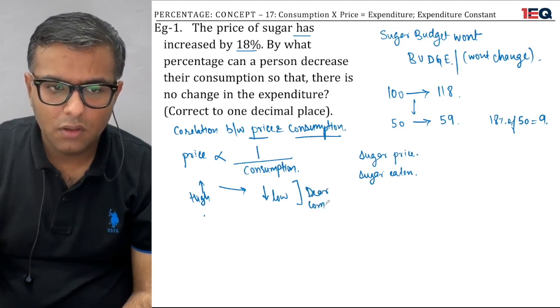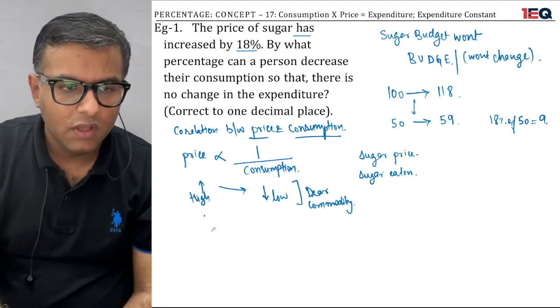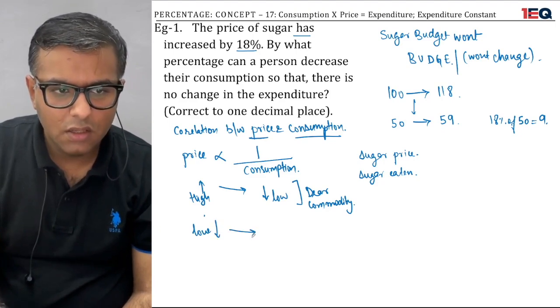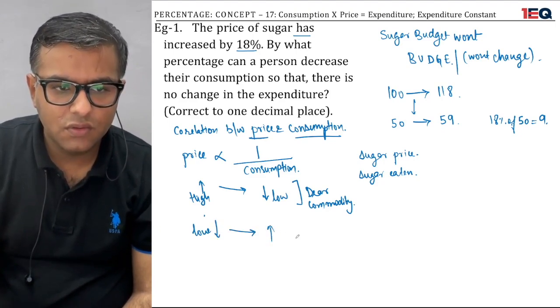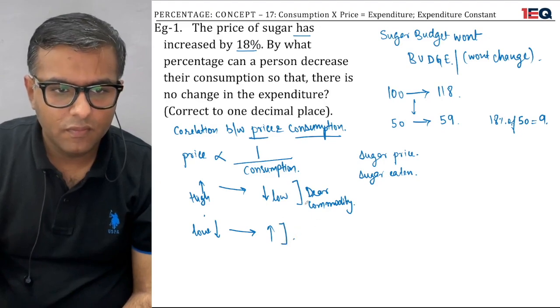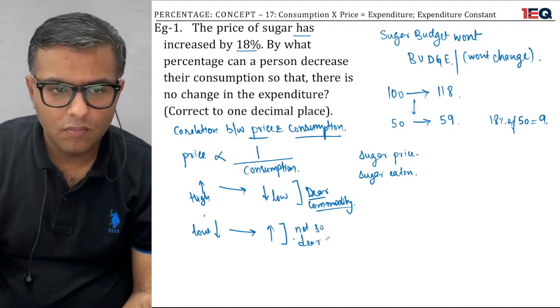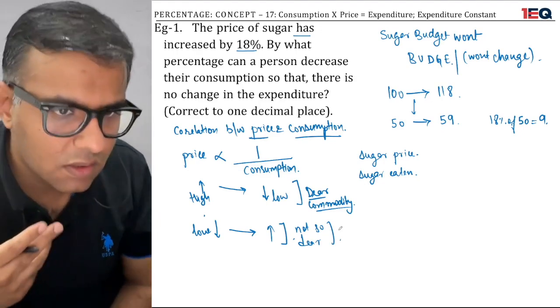Similarly, if the price of sugar is high, sugar would become a dear commodity. And if the price of sugar is going low, then the consumption of sugar would go high, and sugar is not so dear anymore. Not so dear means nobody loves it.